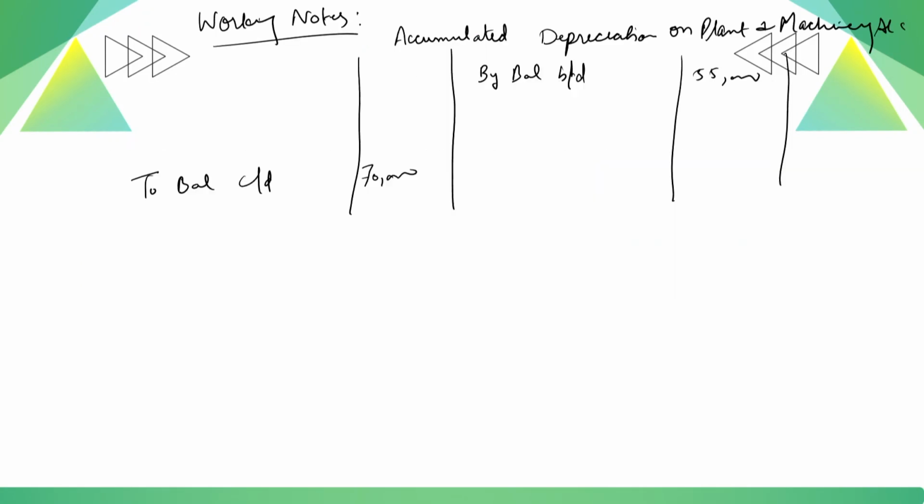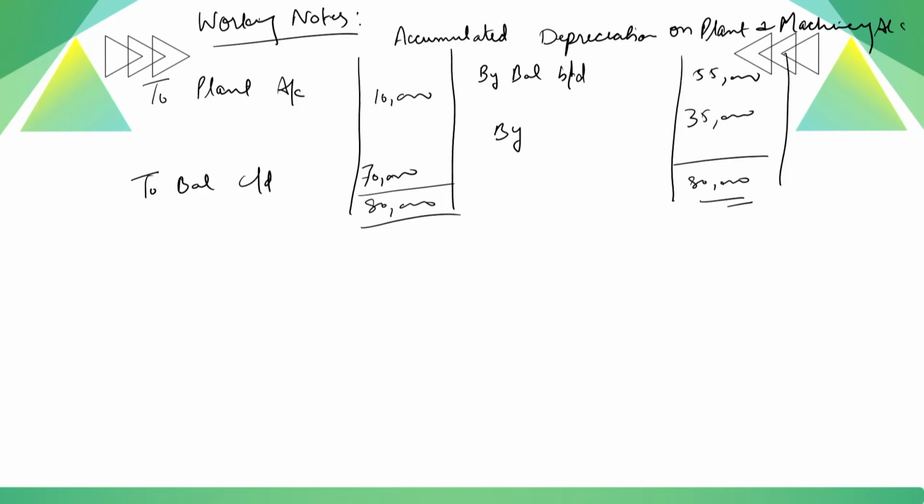So we will treat it on the debit side to plant account. This is given in the adjustment, 10,000. So we are left with a balancing figure on the credit side which comes to 35,000. This 35,000 will be transferred to profit and loss account.